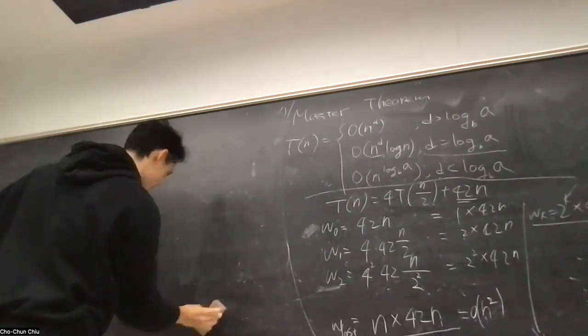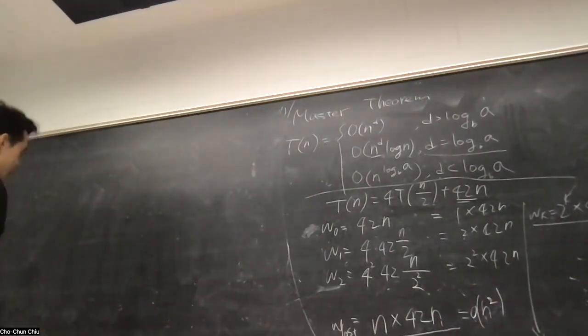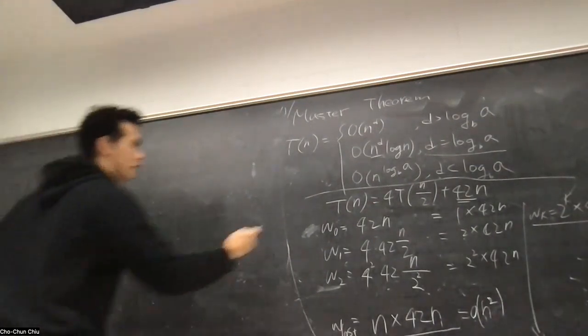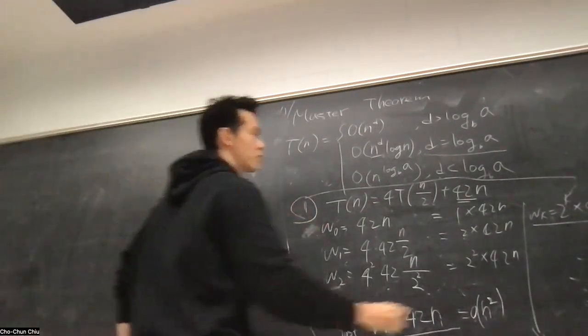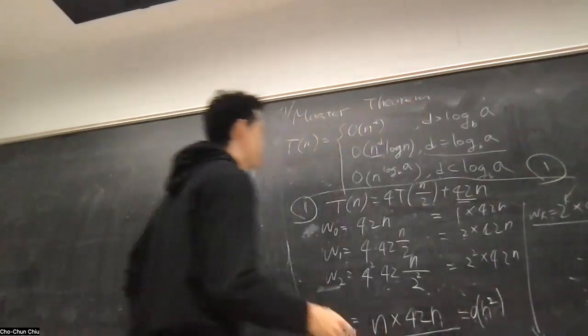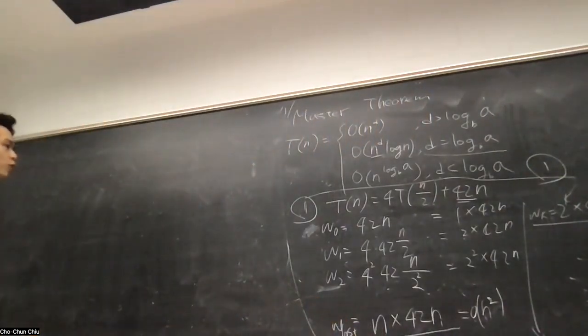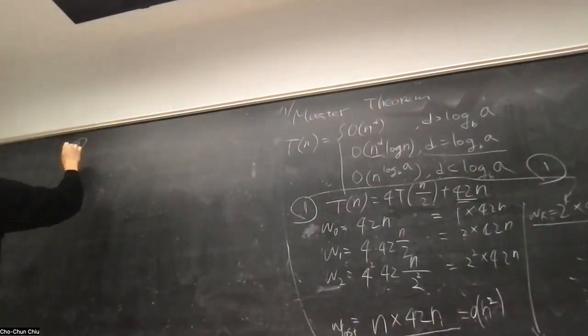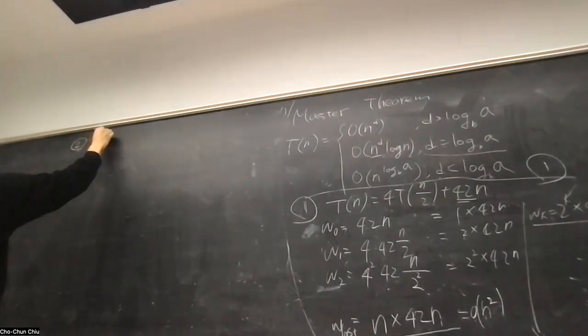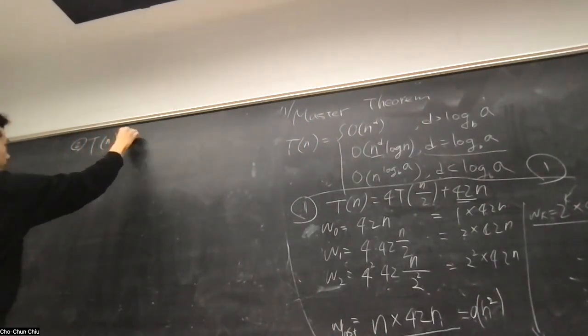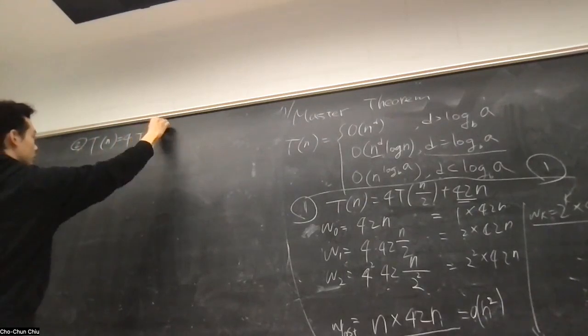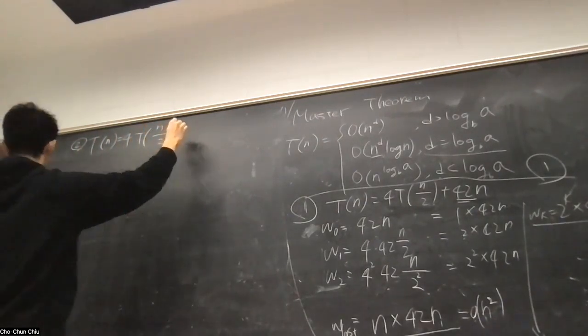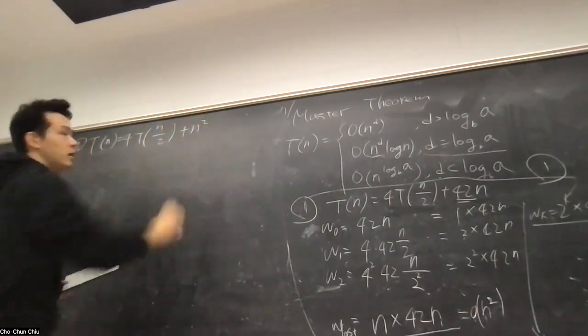Okay, let's look at the other example. That's the first case, right? So the first case is going to be like here. And let's see what will happen for the other case. How about n squared?